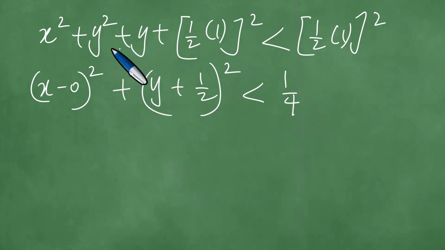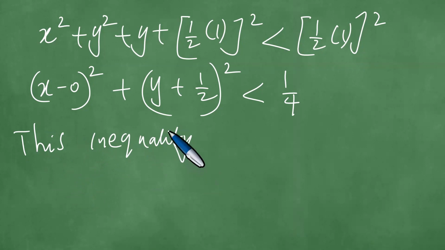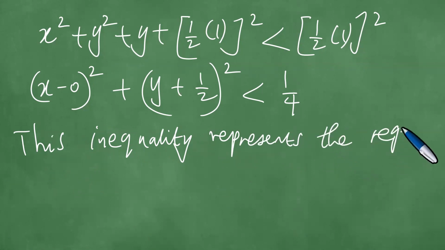So we are able to factorize these terms like this. Now this inequality represents the region interior to the circle.